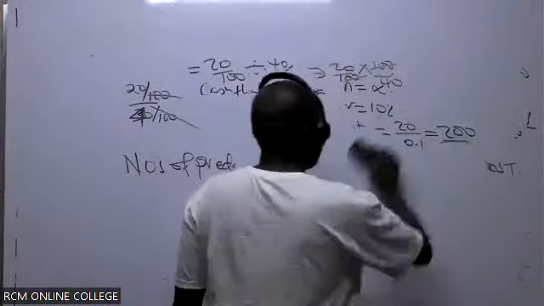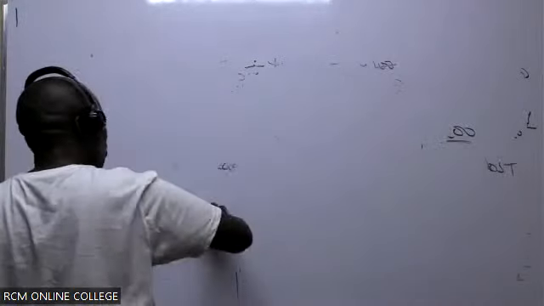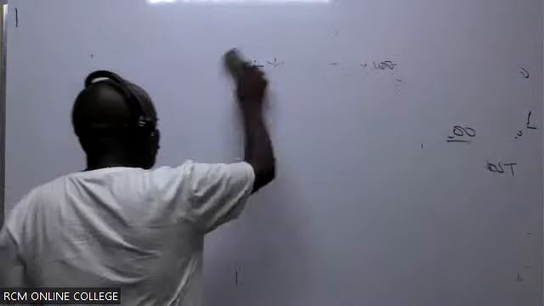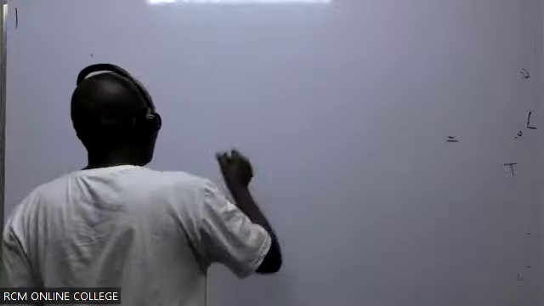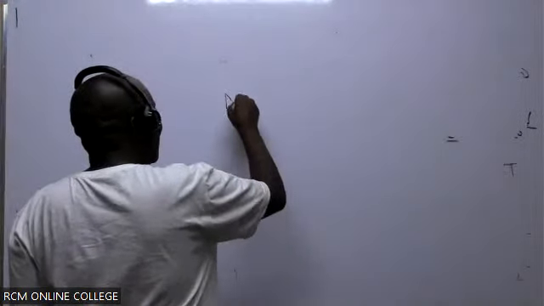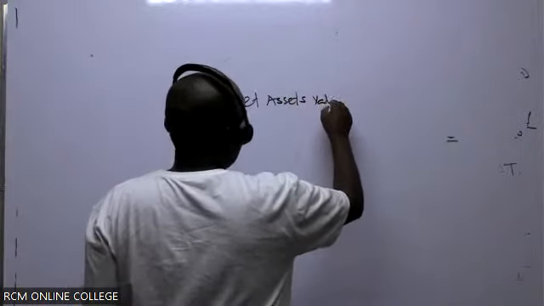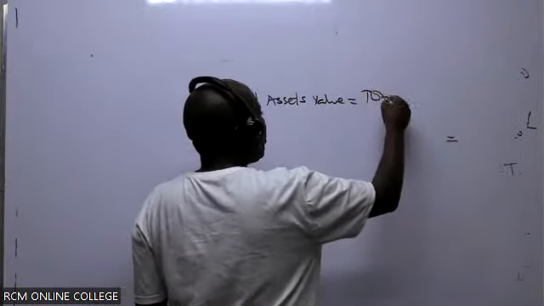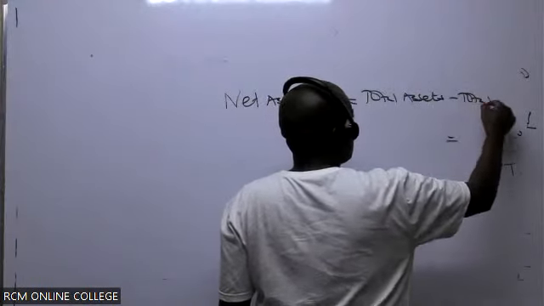Now, ladies and gentlemen, please listen very well. When we talk of net asset value, NAV, you're supposed to know that net assets of a company equals total assets minus total liabilities.